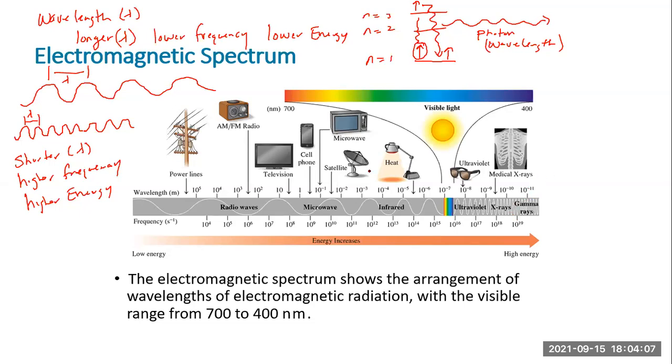So for example, in the longer wavelength range, we have things like radio waves and television. This is why it's not too bad to listen to the radio as we're driving around in the car. Not a lot of energy is associated with that. As we continue down the spectrum, we get to microwaves, obviously cell phones as well, but microwaves past that.